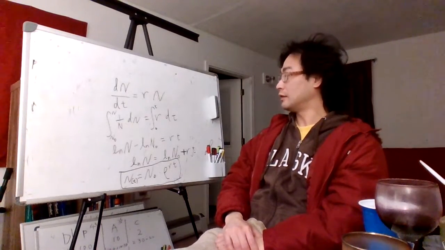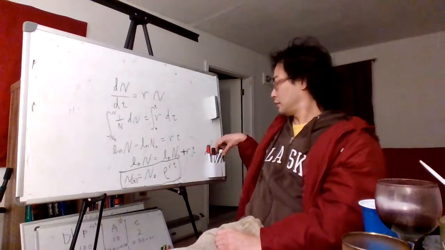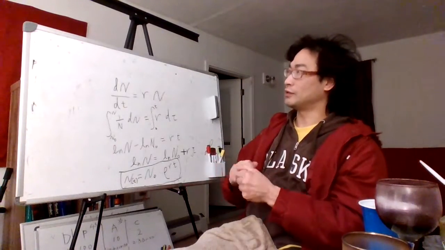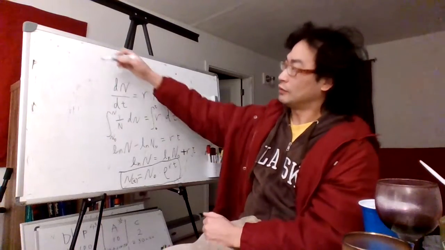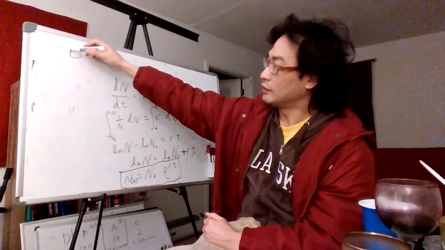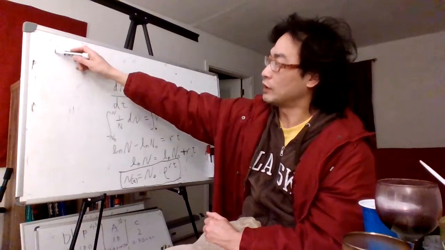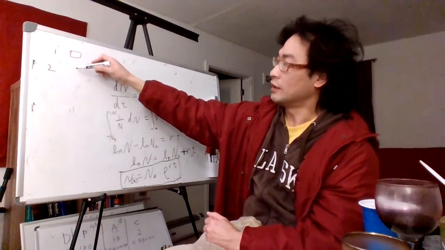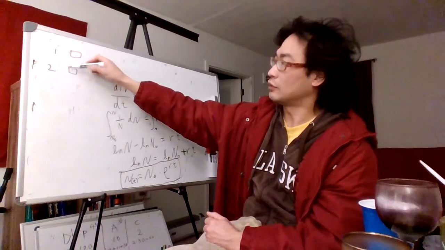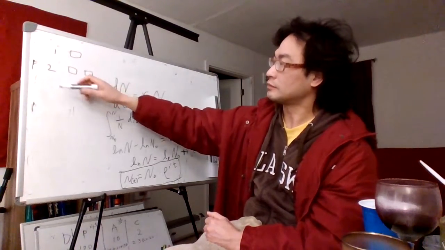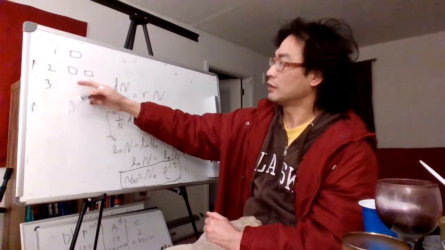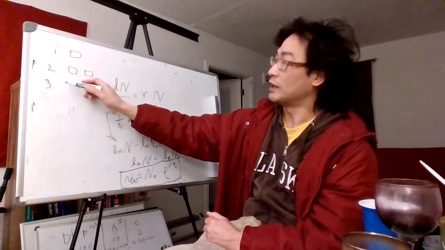Well, bacterial population. You have one bacteria, right? It divides into two. So in the second generation there are two of them. In the third generation, each of them divides into two.